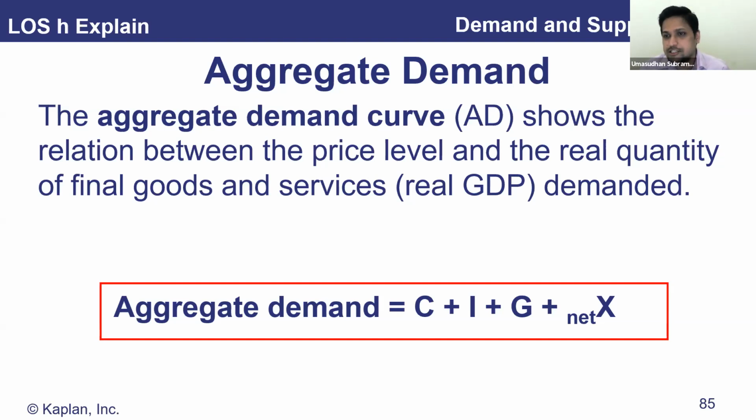Now, my next question is, how do you think your aggregate supply curve is going to look like? The short-run aggregate supply curve, how would that look? The short-run aggregate supply curve is going to be upward sloping. But the next question for you, how do you think your long-run supply curve is going to look like?